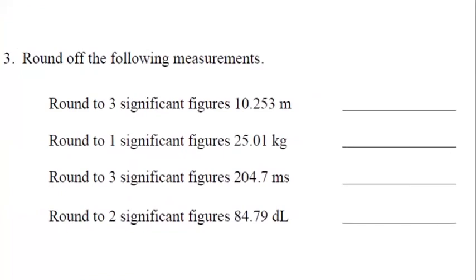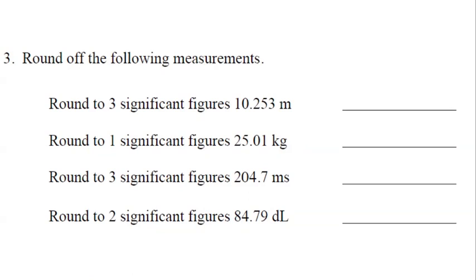So I'm going to do the first one with you guys, and then we're going to proceed to practice with the other 3. So in the first problem, it says that we need to take the measurement 10.253 meters, and we need to round it to 3 significant figures.